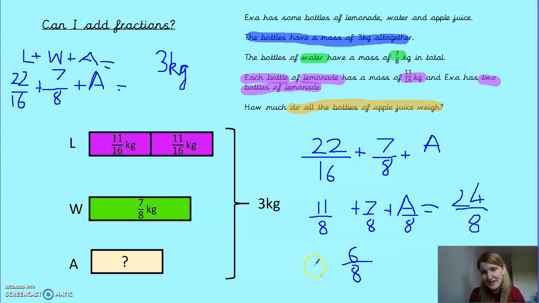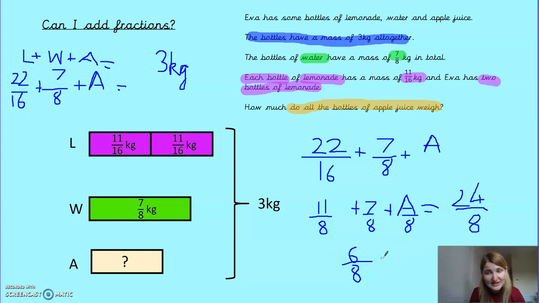So 22/16, which is my lemonade and the same as 11/8, add my 7/8, which is what my water is, add my 6/8 would equal 24/8 or 3 wholes, which means my apple juice must be 6/8.